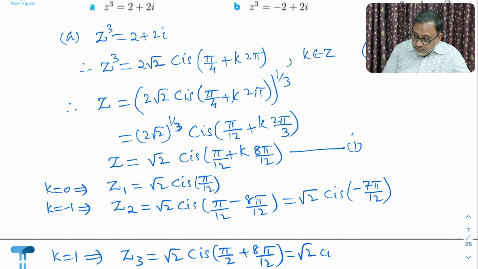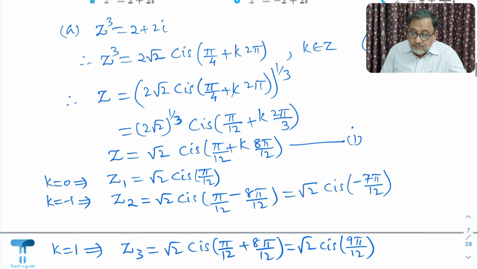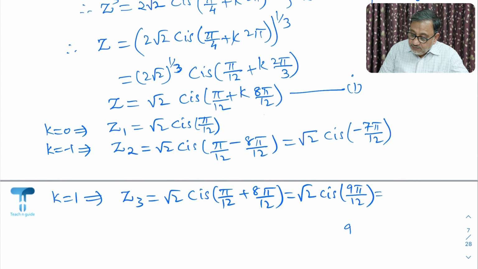So 9 pi by 12, I will divide it by 3. Okay. So cis 3 pi by 4.